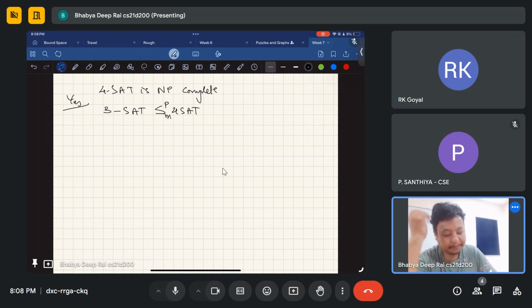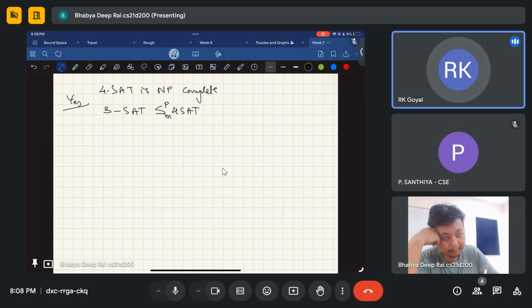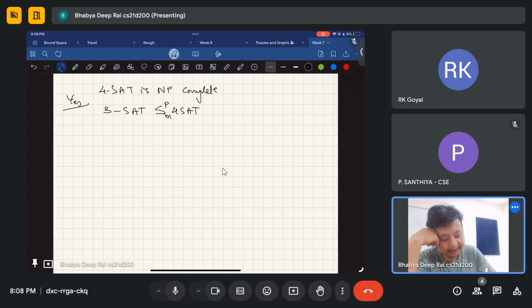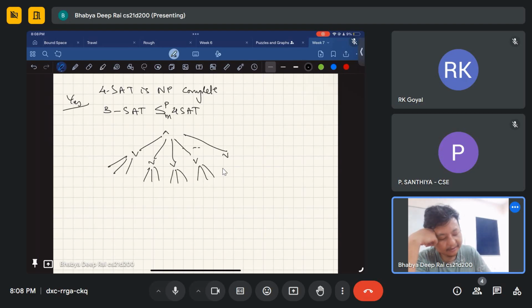How? Using a dummy variable. We have an AND of ORs, a 3 sat, 3 CNF, originally x1, x2, x3 bar; x1 bar, x2, x3; and x3, x4, x2 bar, and so on.